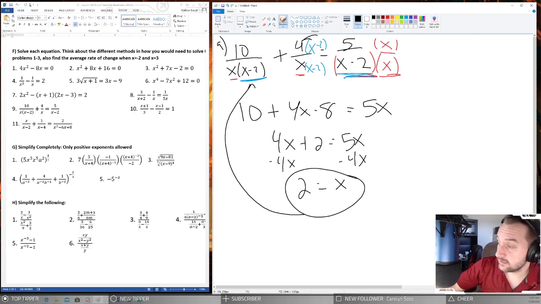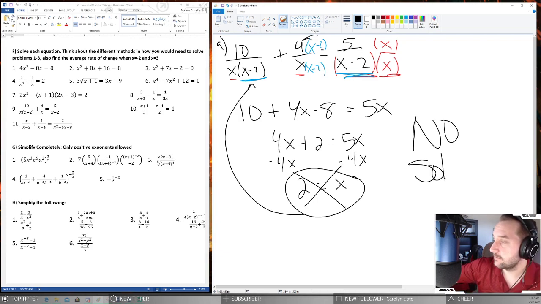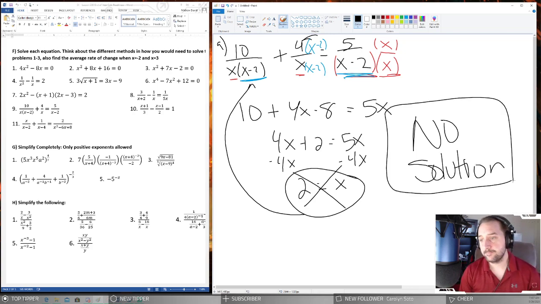I'm dividing by 0. So that can't count as a solution. In this instance, it's going to be no solution. And that's how we solve rationals.